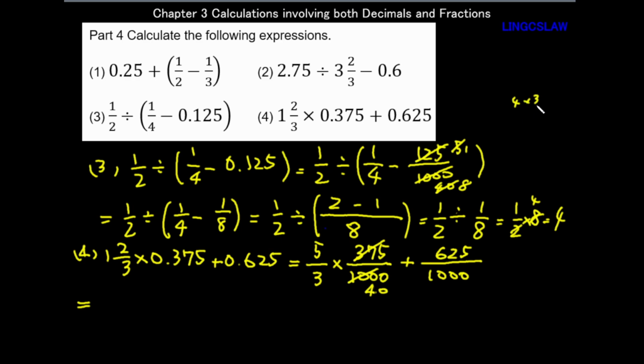4 times 3 equals 12 plus 3, 15. And still you can simplify this one. 3 and divided by 5, 8, and this will be erased.